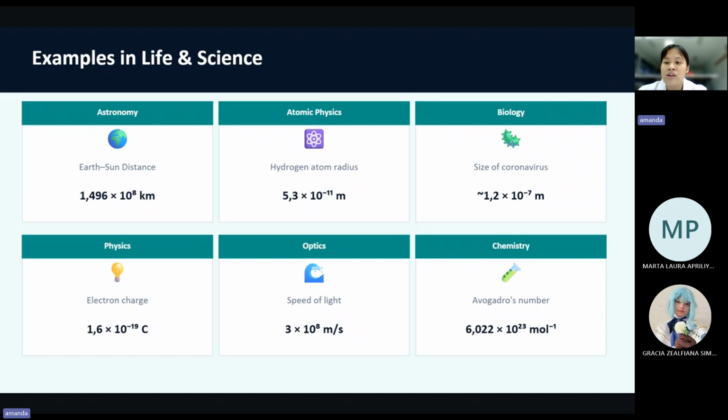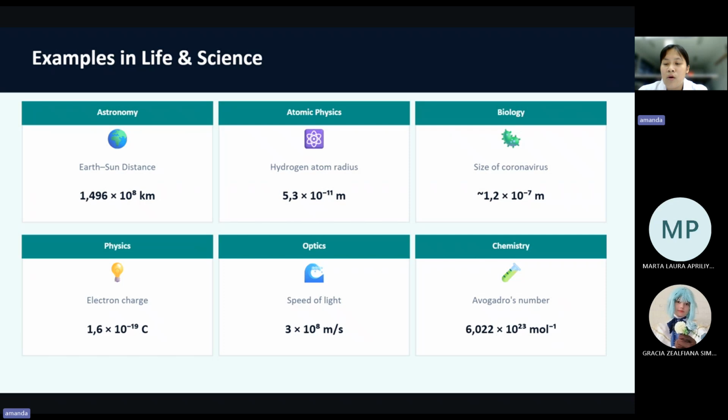Physics: the charge of a single electron is 1.6 times 10 to the power of negative 19 coulombs. Optics: the speed of light is 3 times 10 to the power of 8 meters per second. That is very fast.